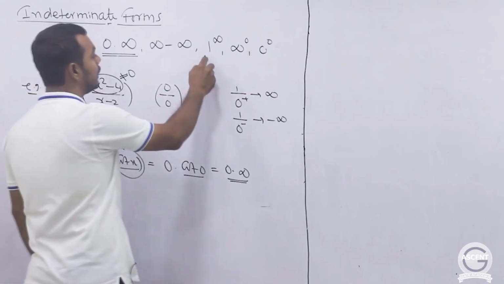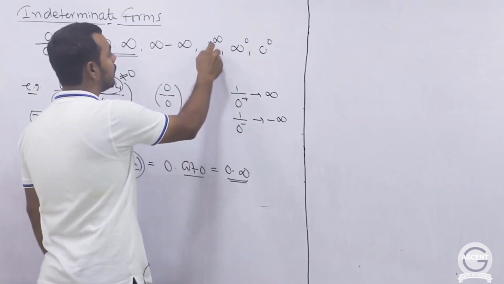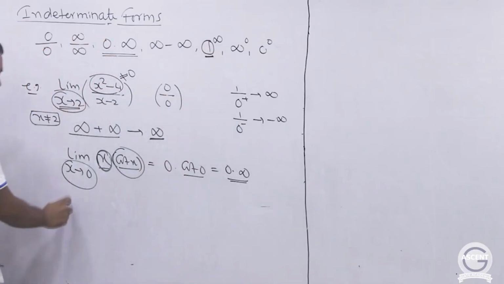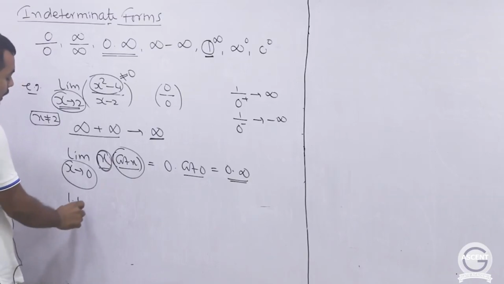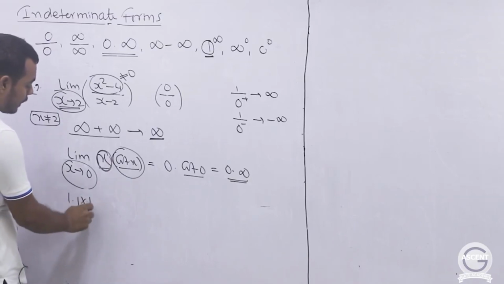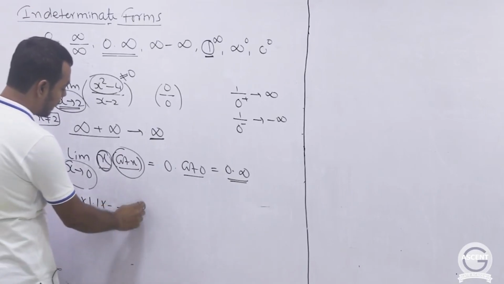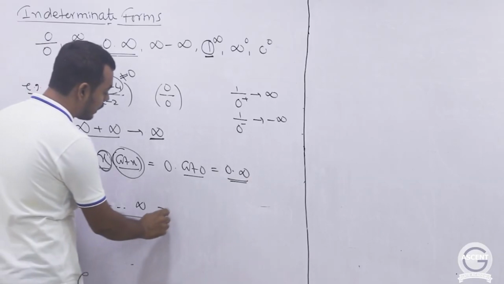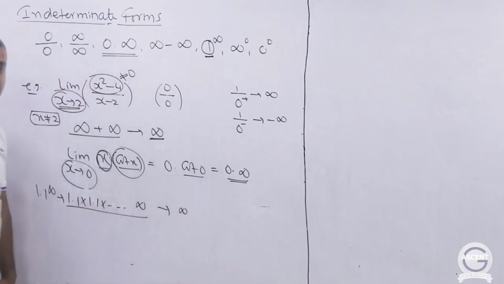1 to the power infinity is also indeterminate because if you have a number slightly greater than 1, say 1.1, and you multiply 1.1 infinite times, that is, 1.1 raised to the power infinity, this will approach infinity.